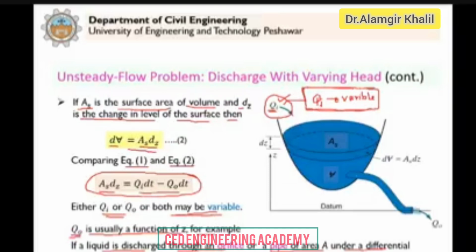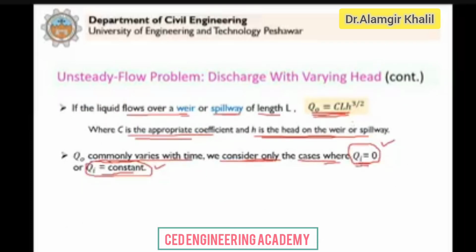If you are interested in a case where the inflow discharge is also variable, you can study a book, for example, Hydraulics and Fluid Mechanics by E. H. Leavitt, which is a British book, and a hard copy is available in our library in the civil engineering department. You can study that book and you will find they discuss a case where inflow discharge is treated as variable. And you will see that a very complex equation results. But anyhow, in our textbook, we will assume that Qi is either equal to 0 or it is constant. We will not consider a case where Qi is variable.